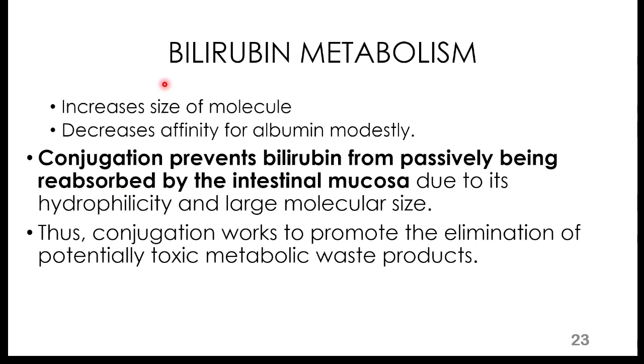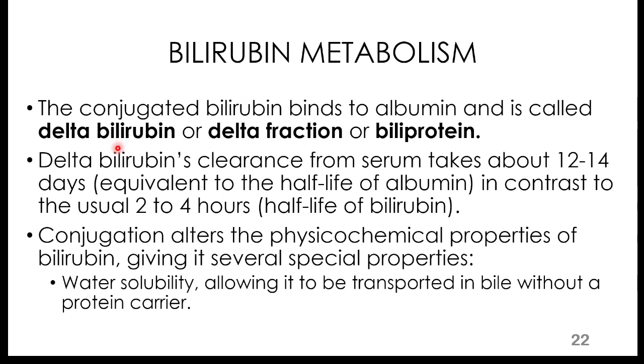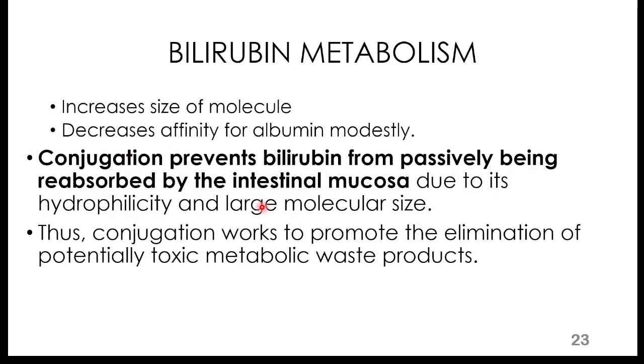Now, it also increases the size of the molecule since two molecules of glucuronic acid have been added to it, and it decreases its affinity for albumin modestly, but it can still bind to albumin, and that's why we have delta bilirubin. Now, the conjugation prevents bilirubin from passively being reabsorbed by the intestinal mucosa. Because it is water soluble, and it is lipid soluble substances that more readily cross biological membranes.